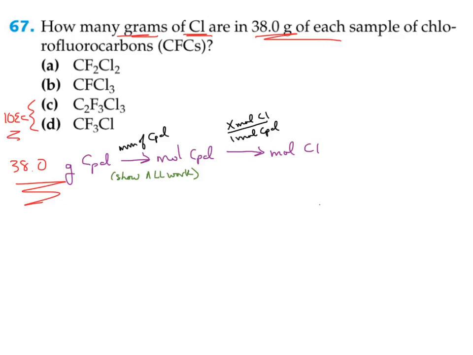And then how are you going to go from moles of chlorine to grams of chlorine? Molar mass from the periodic table. And I even looked it up for you. The decimal number for chlorine is, I think, 35.45? Yep. So that is the molar mass that you'll use at the tail end. Okay? So that's it. Any questions?